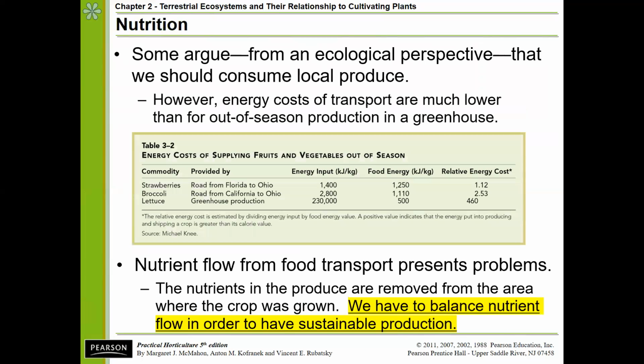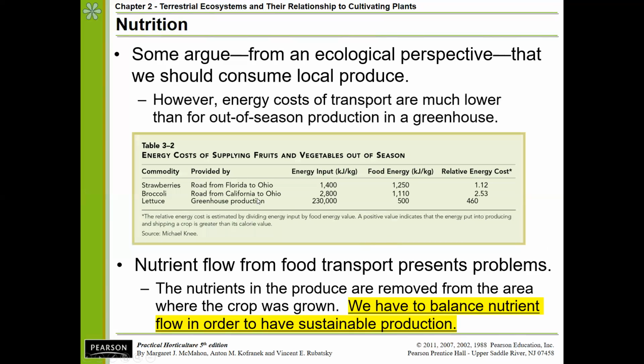And I'm one of those types, again, that does argue from an ecological perspective that we should try to consume local produce. But the big thing pointing out here on nutrient flow, it's kind of crazy to think about.